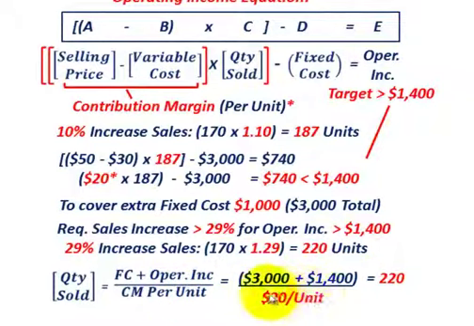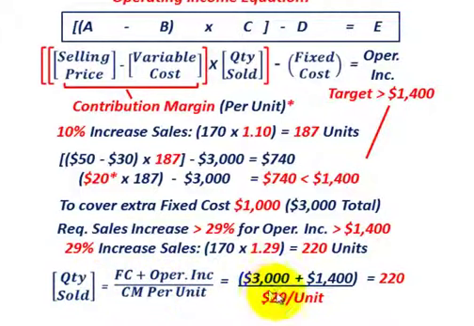So we have the fixed cost of $3,000 plus our operating income of $1,400 divided by our contribution per unit at $20 per unit. That equals the quantity of 220. Okay, so that's how we come up with our 220 units based on our cost volume profit formula on a contribution margin per unit. Okay, so those are those numbers.